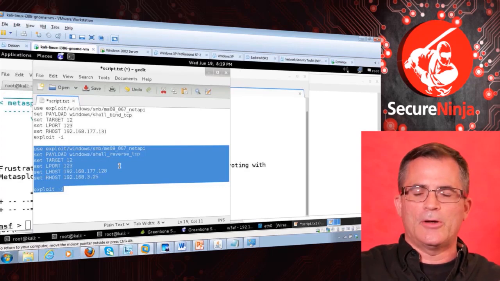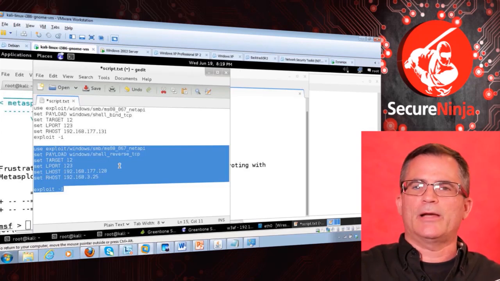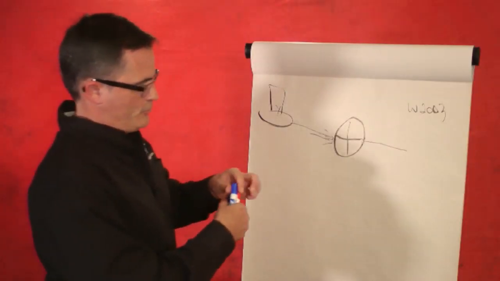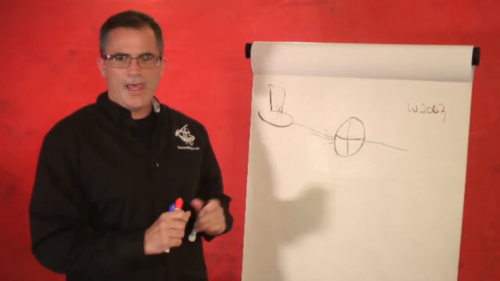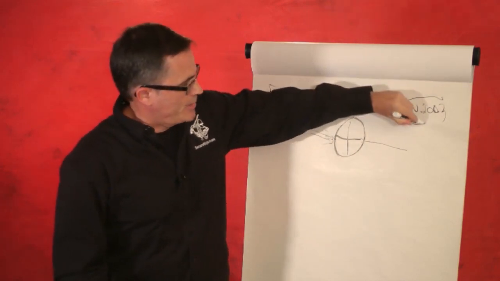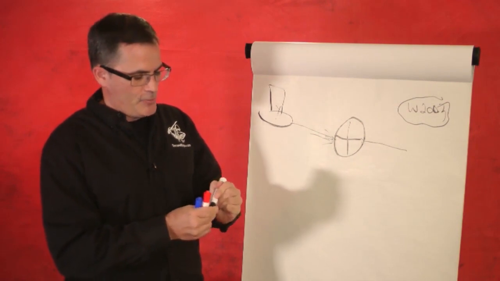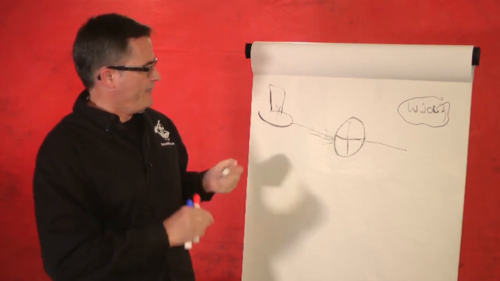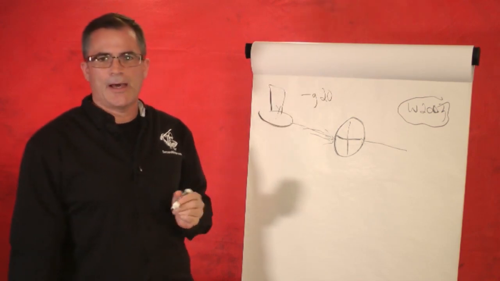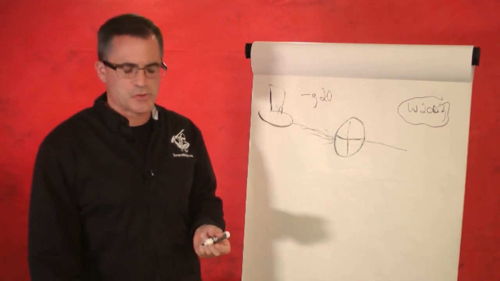So to understand that, I think I'll go back to the board and show that. We have our Windows 2003 server machine right here. Now what we have to do is come through this filter. Well, we know the -g 20 option works because we've shown that, the source port scan.